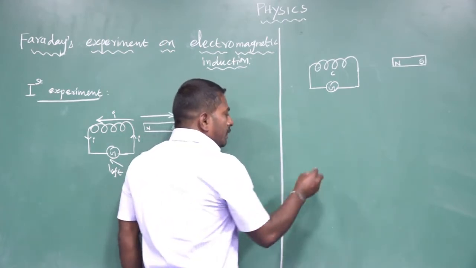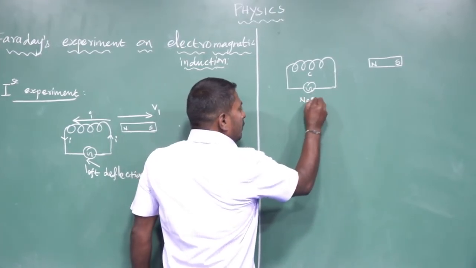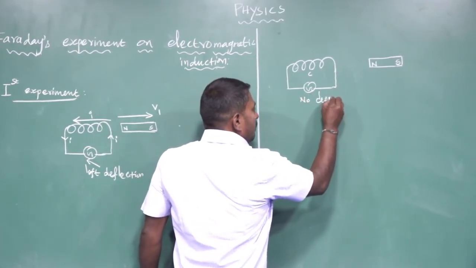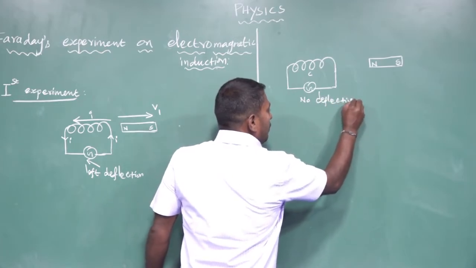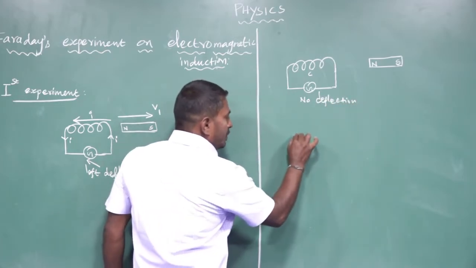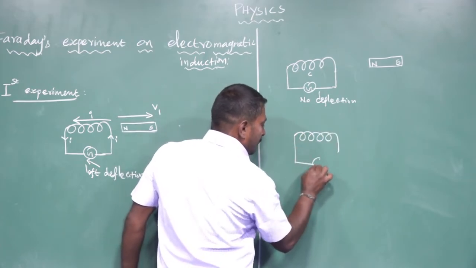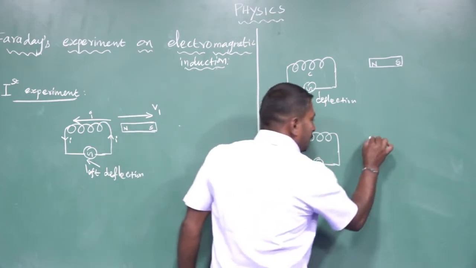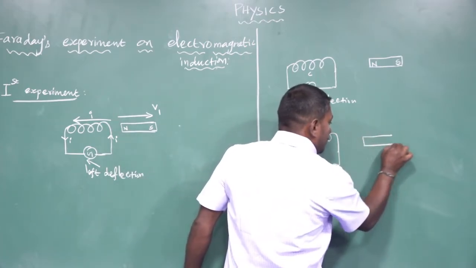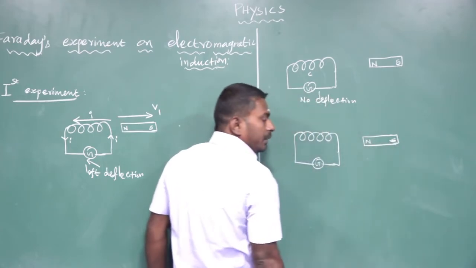Next, the same closed circuit. Now the bar magnet, the north pole of the bar magnet, the south pole of the bar magnet.